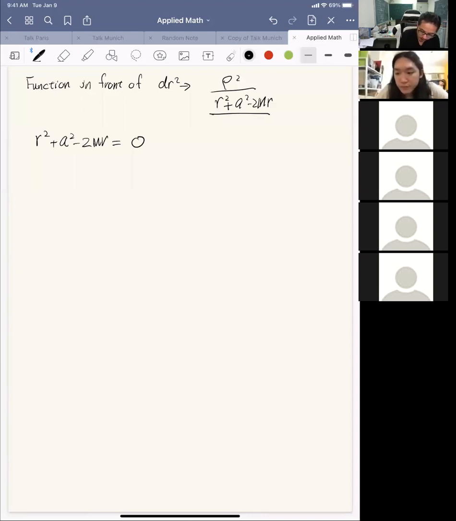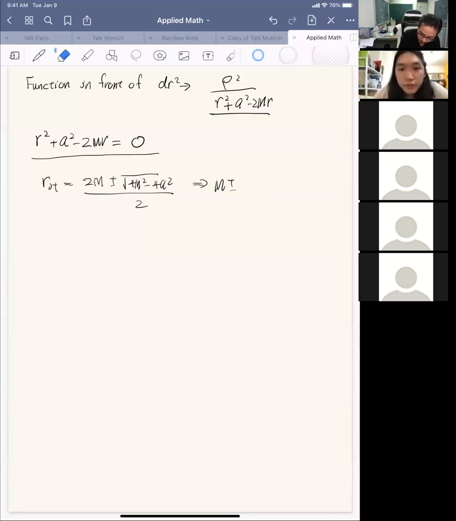Okay, good. So since the singularity occurs at this point, this tells us that the horizon r is given by 2m plus minus square root 4m squared minus 4a squared, divided by 2, which of course tells you that this is just m plus minus square root, let me just pull this out, 1 minus a squared over m squared.